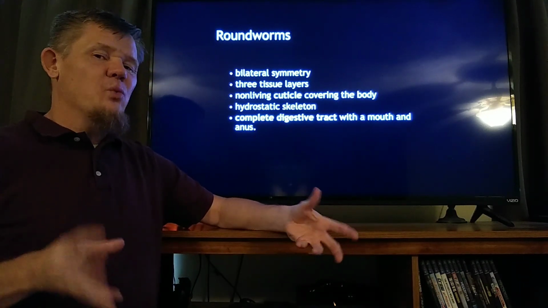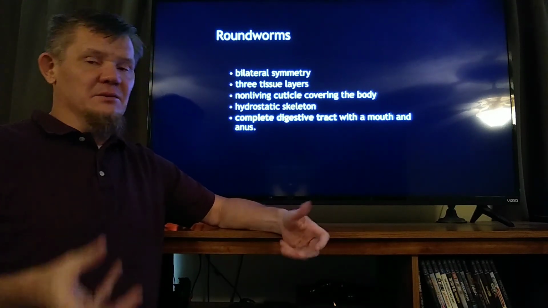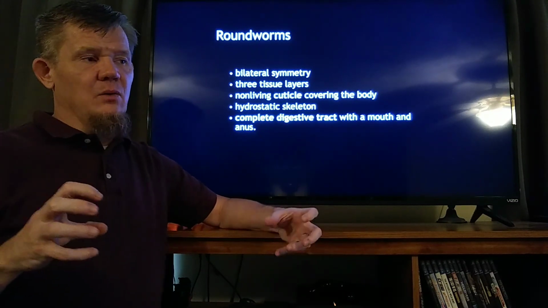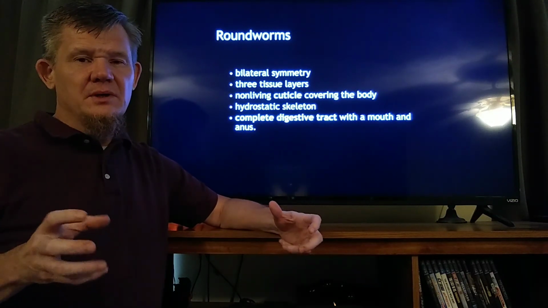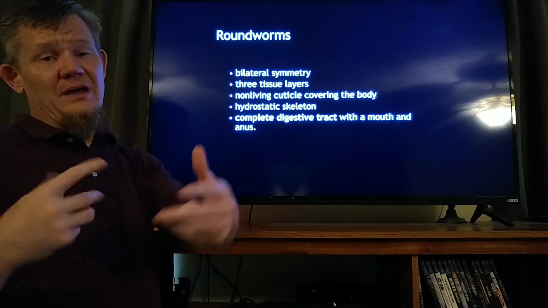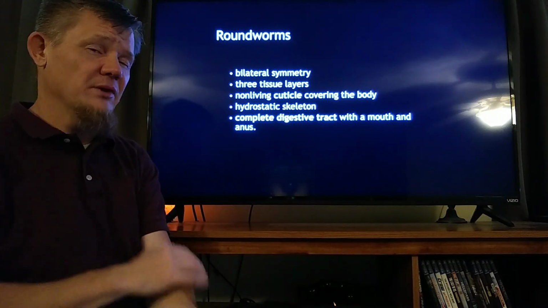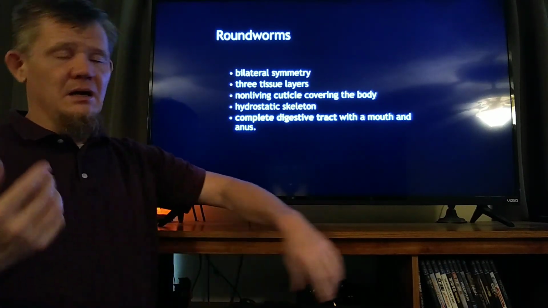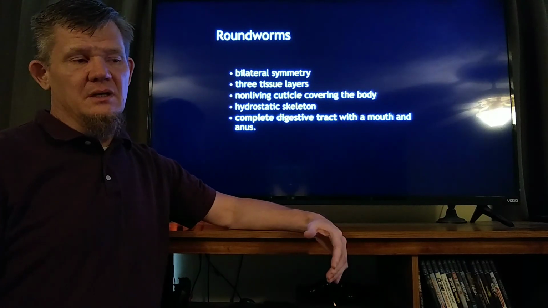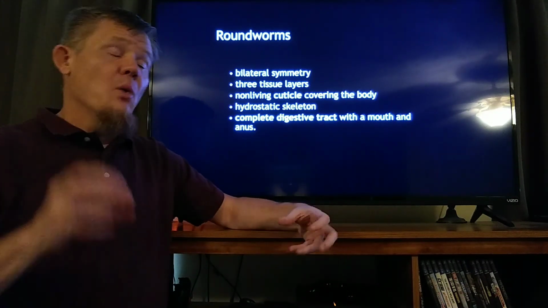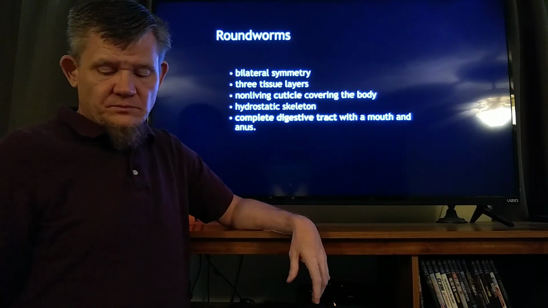They compress water, and because water doesn't compress, they push against water-filled chambers, and that allows them to move back and forth. Our skeleton, we use bone that we push and pull against. Roundworms use water to push and pull against water-filled chambers.